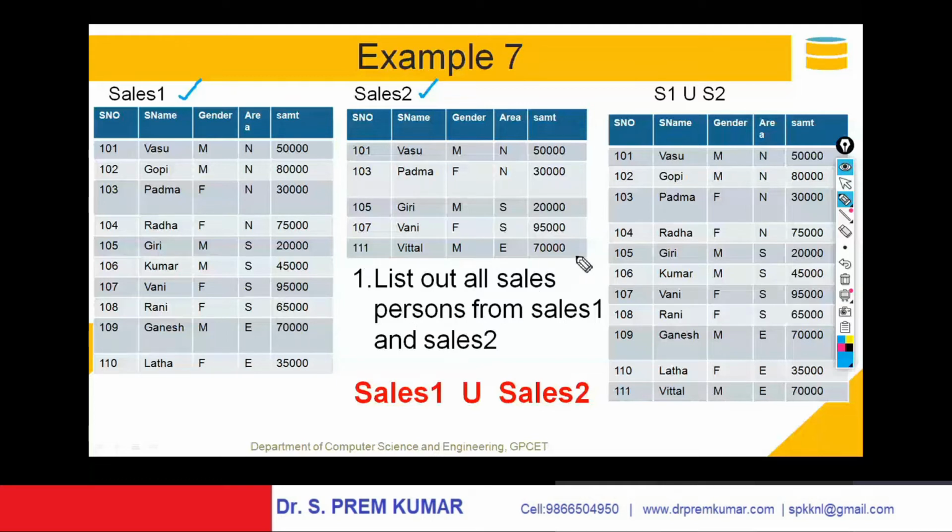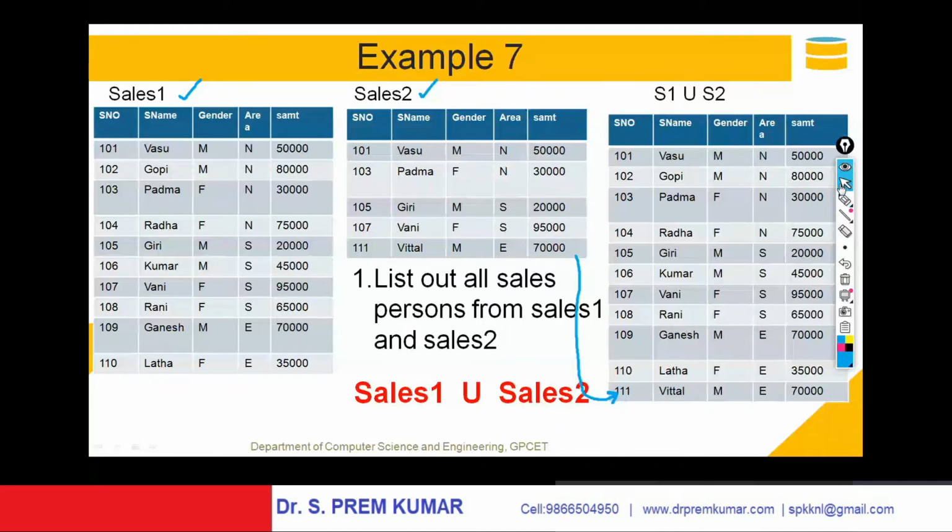You can observe from 101 to 110 you got, and even 111 got added. This is the resultant instance extracted from sales 1 as well as sales 2. It is a union, the combination of S1 and S2.